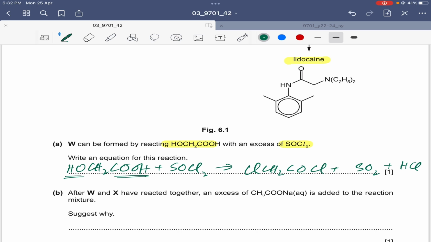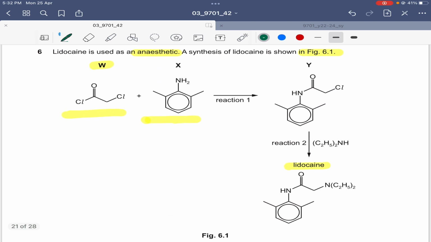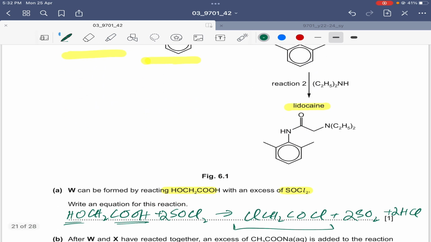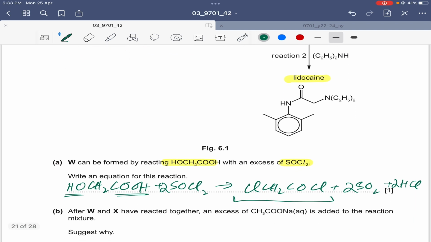And because both OH and acidic groups are involved, that means 2 moles of thionyl chloride would be used. So 2 moles of sulfur dioxide and 2 moles of hydrochloric acid would be produced. So this is the structure of W. You can see this here, right? CH2Cl, C double bond O, Cl. So this is the structure of W.